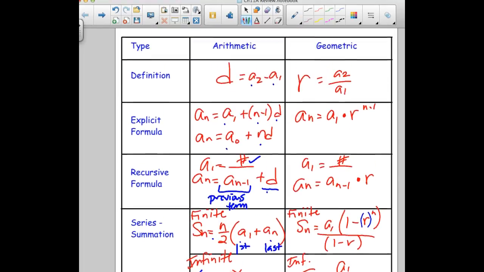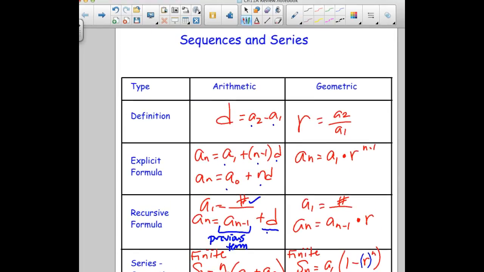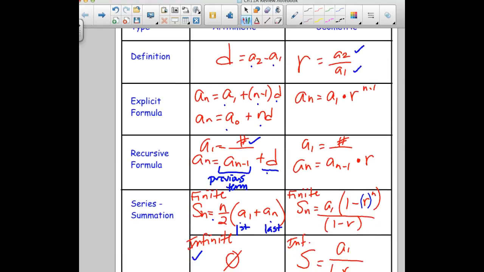For the geometric ones, all of our formulas involve an r value, r standing for the common ratio. We find that by taking the second term divided by the first term. Our explicit formula is first term times r to the n minus 1 power.